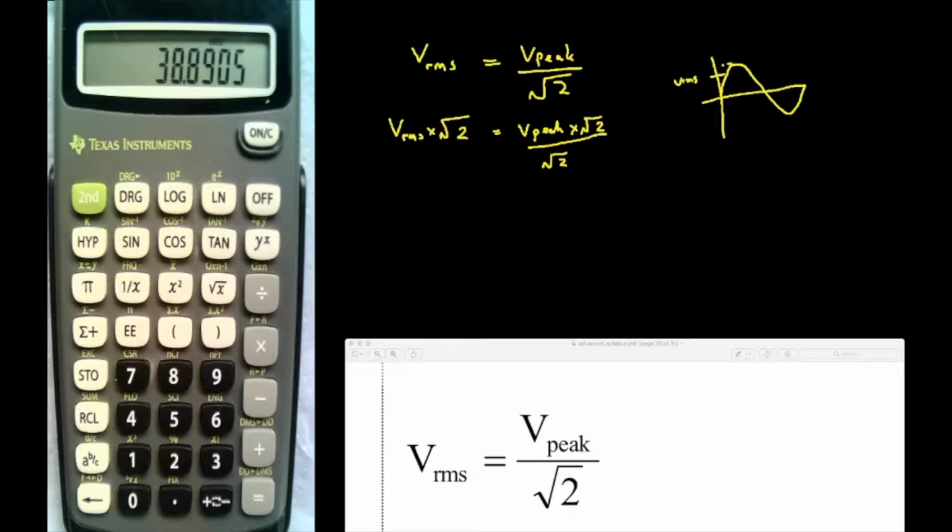And I've got root 2 on the top of the fraction and root 2 on the bottom of the fraction, so I can strike those out. And now I've left V peak by itself. So I can restate that formula as V peak is equal to VRMS times root 2.